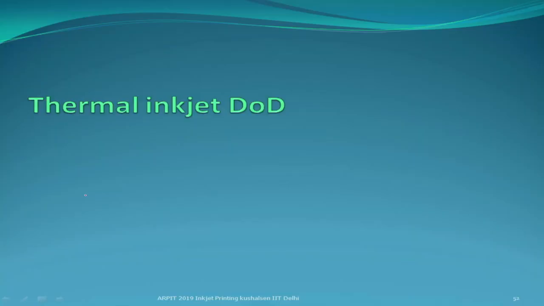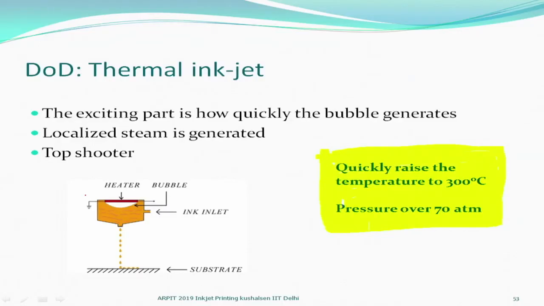There is an interesting thing in drop on demand also, called thermal inkjet, which is not using the piezoelectric crystal, but using a thermal system to create a drop. So, what you have here is a heater somewhere there. This heater quickly generates a bubble. Why?